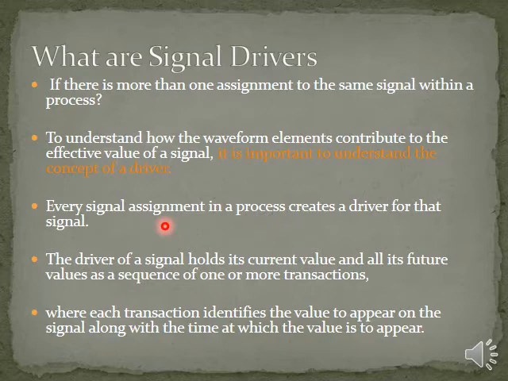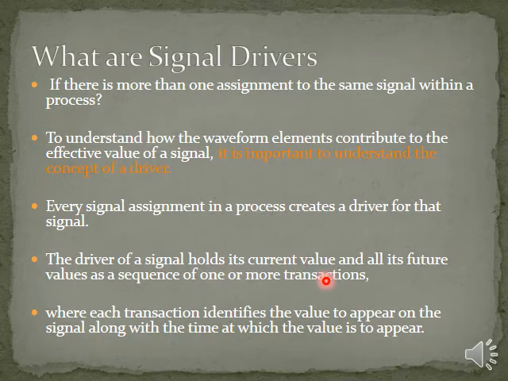If we take this signal assignment statement in a process, it creates a driver for that signal. What does that mean? A driver of a signal holds its current value and all its future values as a sequence of one or more transactions.